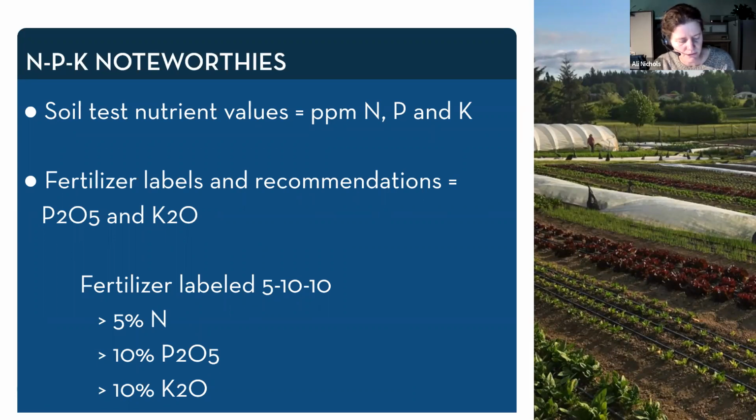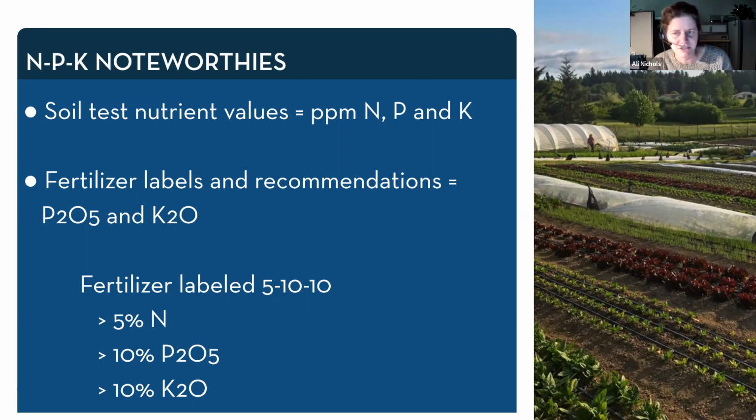It's also good to note that on fertilizer labels and in fertilizer recommendations, we talk about phosphorus and potassium, but phosphorus is noted as P2O5, and potassium is noted in units of K2O, or potash. There's no real good reason for it.